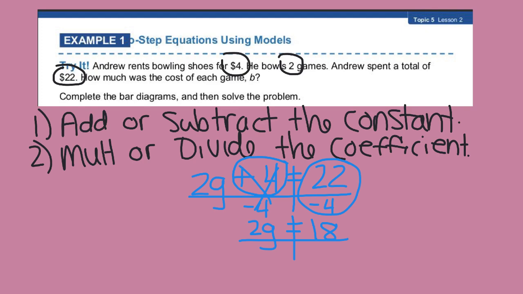Well, the opposite of multiplying by 2 is dividing by 2, and I have to do that to both sides. That's a division sign. 2 divided by 2 is 1, so I have 1g is whatever 18 divided by 2 is, so each game costs $9.